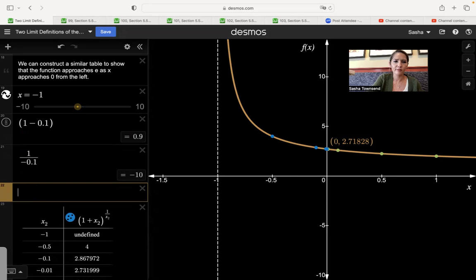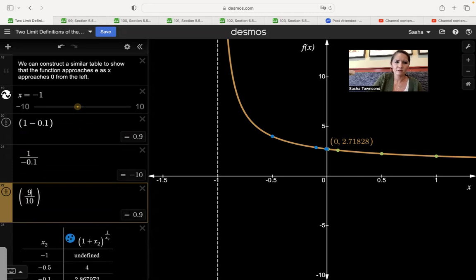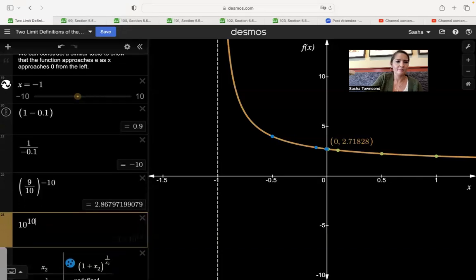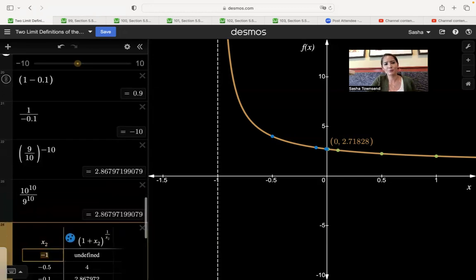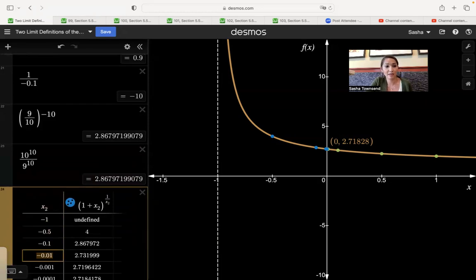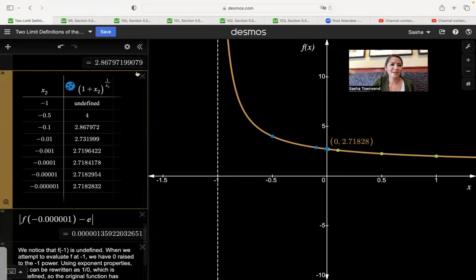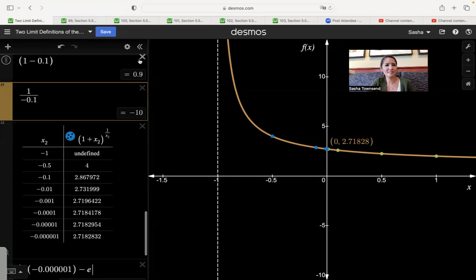So I have 9/10 raised to the negative 10th power. Oh, I think I see what I did wrong. It should be 10 to the 10th divided by 9 to the 10th. I think I just divided by 9 to the 9th. That's why I was off by that extra factor of 9, or the extra factor of 1/9. Okay, so that's the right value. Okay, cool. I wrote the right thing down on my paper, but I guess I typed the wrong thing.